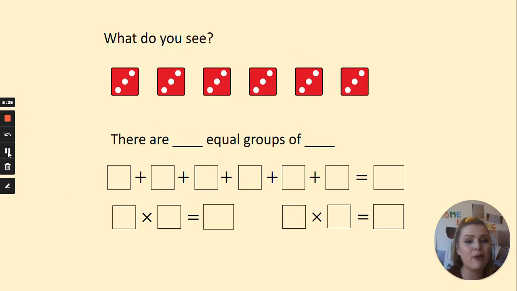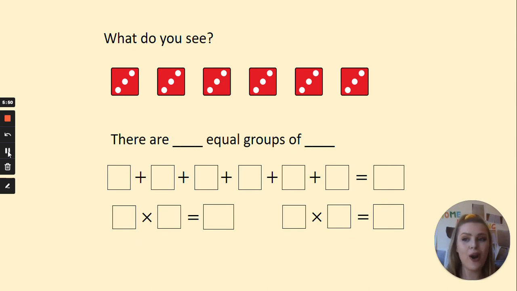I would like you to now look at this question, pause the screen and write down all that missing information for me. So tell me, how many equal groups of what is that picture showing? Write down the addition sentence, write down the multiplication sentences, and then click play again to see how you did.